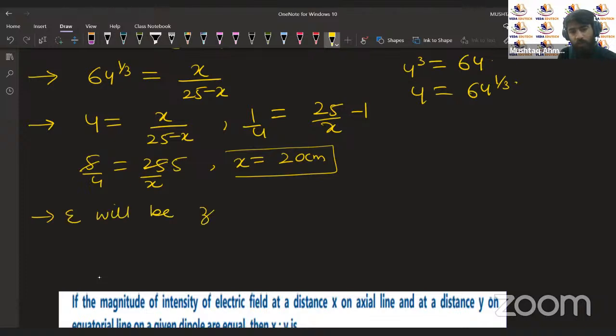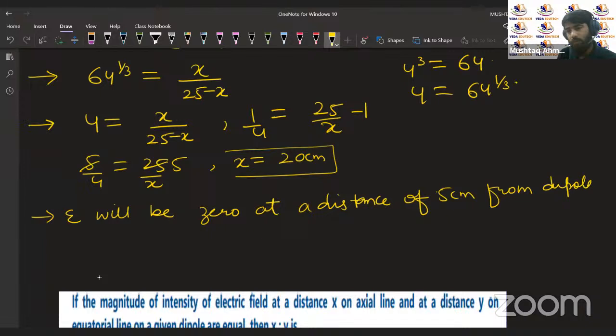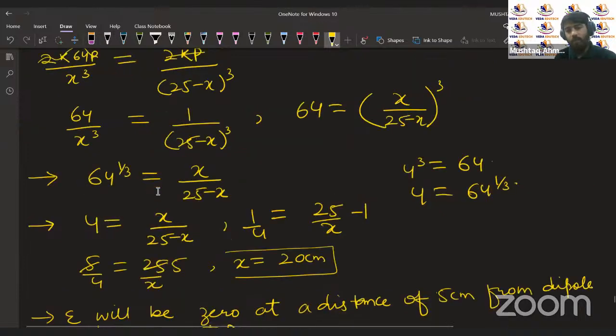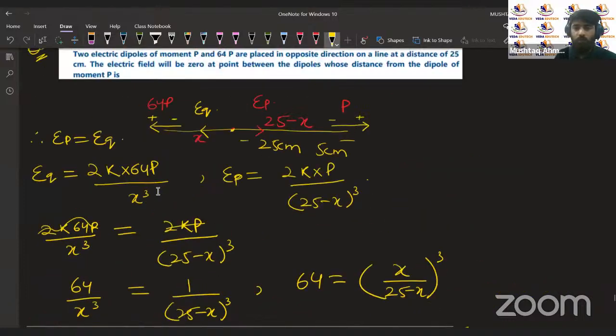E will be 0 only at a distance of 5 centimeter from dipole moment P. So at a distance of 5 centimeter from P, the electric field due to dipole will be equal to 0, right?